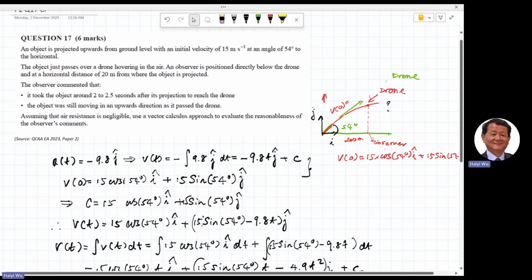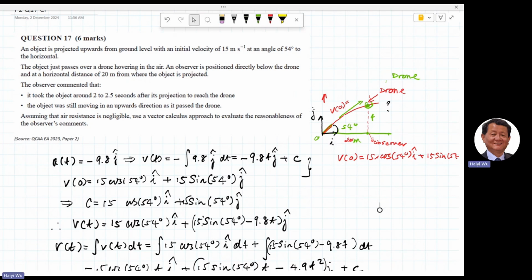So there's a drone somewhere. Let's say here there's a drone. The observer's distance from the origin is 20 metres from the original point. The observer watches the drone here, right? He made an assumption.